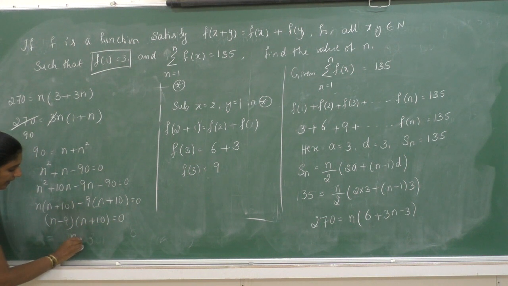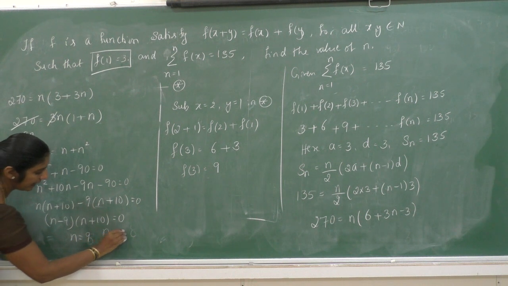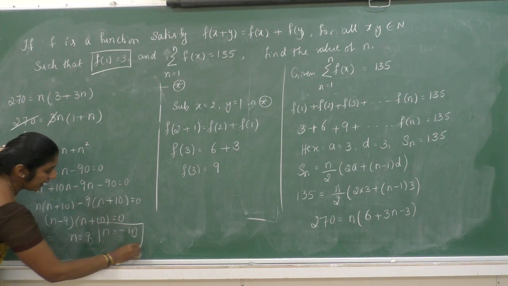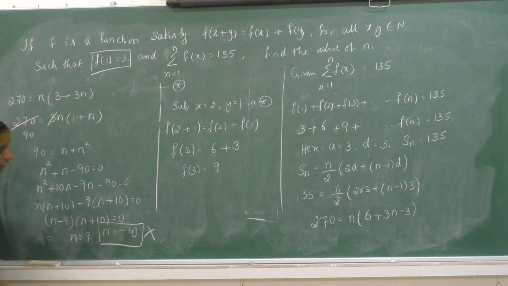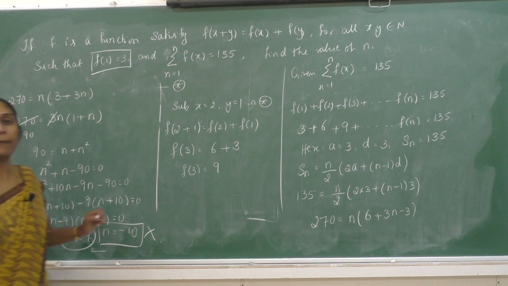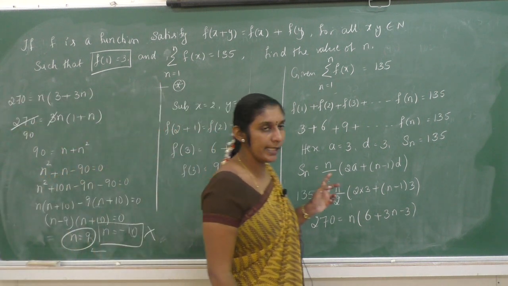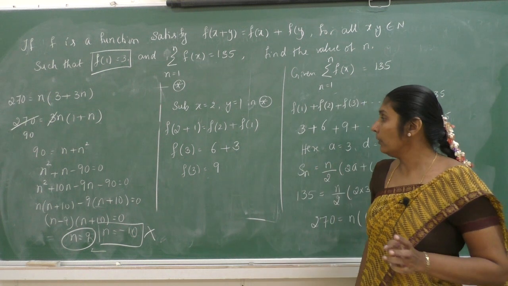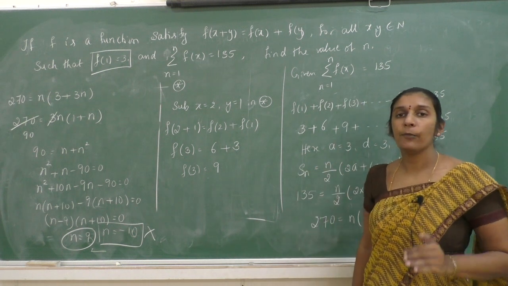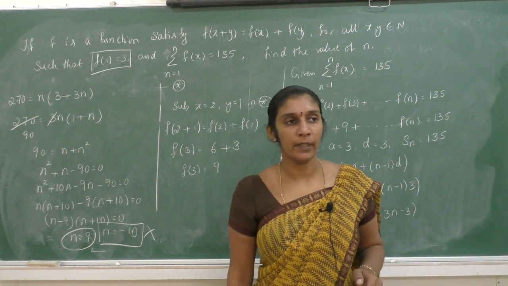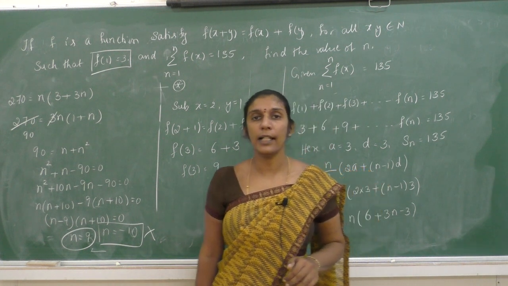So n is equal to 9 and n is equal to minus 10. n is equal to minus 10 will not be the solution, since we get a negative number of terms. So n will be 9. If you add the first 9 terms of the sequence 3, 6, 9, 12 and so on, we get the sum as 135. Hence the solution. Understood?